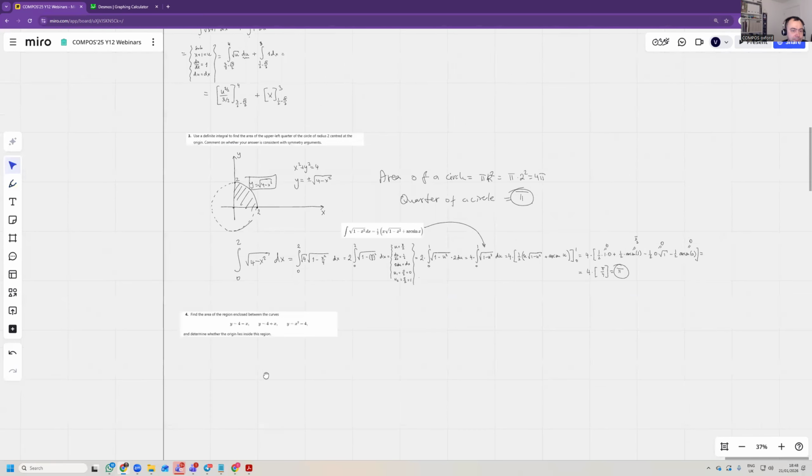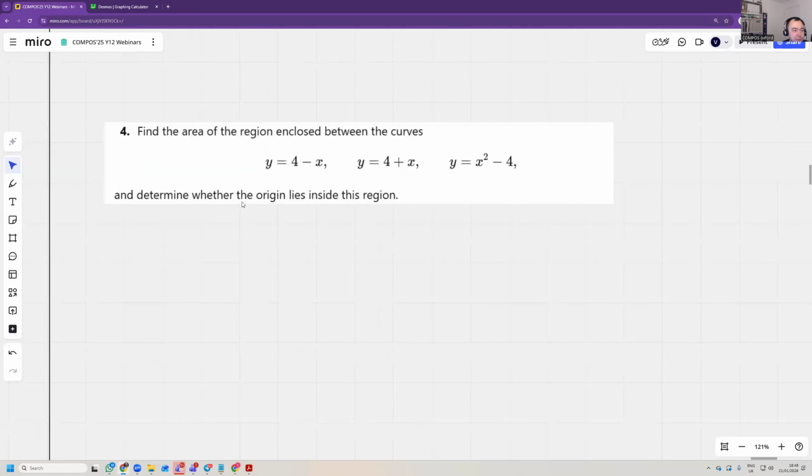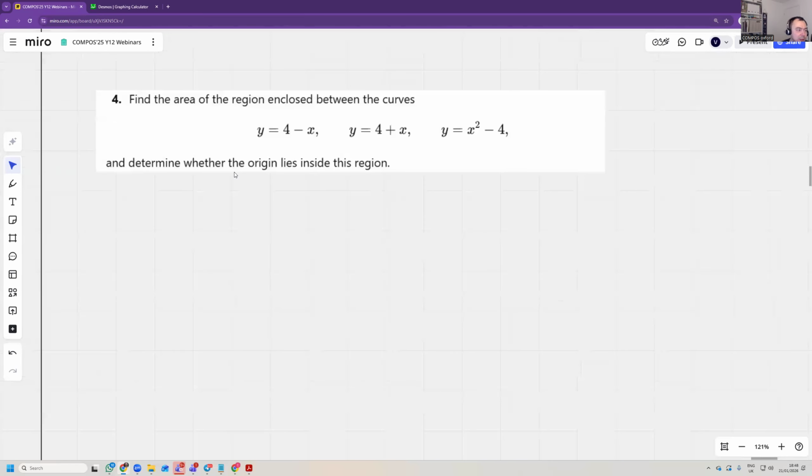Right. 4. Find the area of the region enclosed between the curves. Determine whether the origin lies in this region. Well, 12b, assigned 12b.